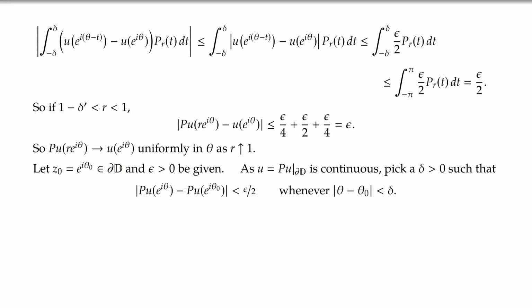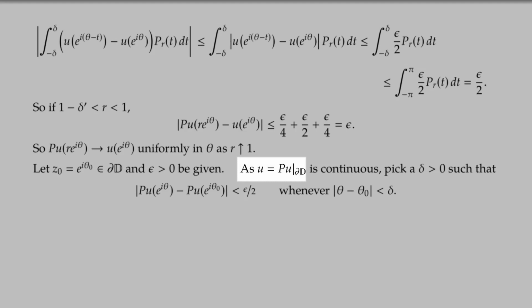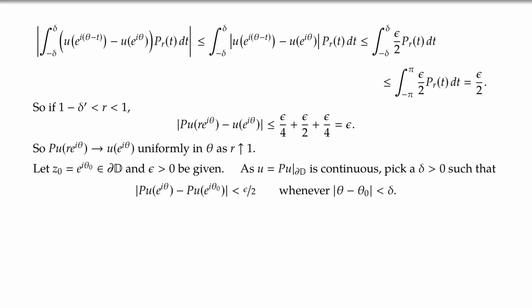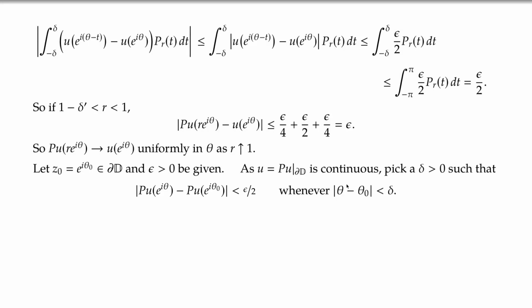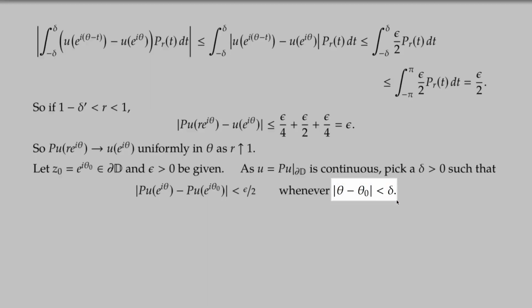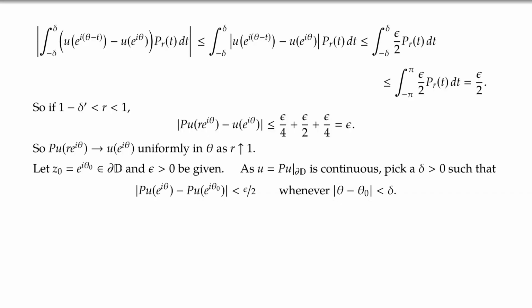A different epsilon than before. u, which is really pu on the boundary of D, is continuous, so we can pick a delta, again different from before, such that pu at e^{i theta} minus pu at e^{i theta naught} is less than epsilon over 2 when theta and theta naught are within delta of each other. We're thinking of it as a function of theta. So this is again uniform continuity.